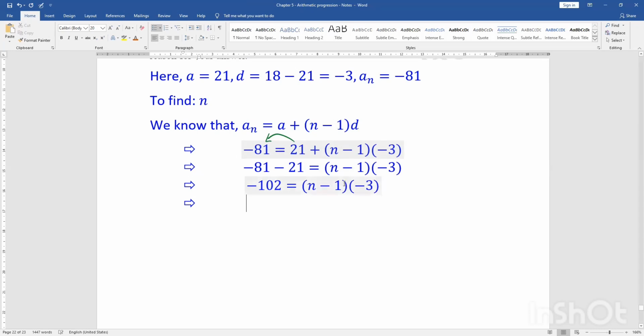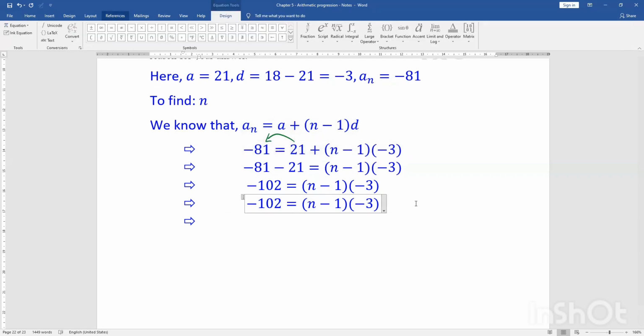When you transpose, you must note one thing. Here, actually, it's multiplication. Let me write the next step, then you'll understand, because I don't want to do any shortcuts here. I just want to show you what is happening, the process. So now, when you write this, minus 102 equals n minus 1, here actually a multiplication sign is hiding.